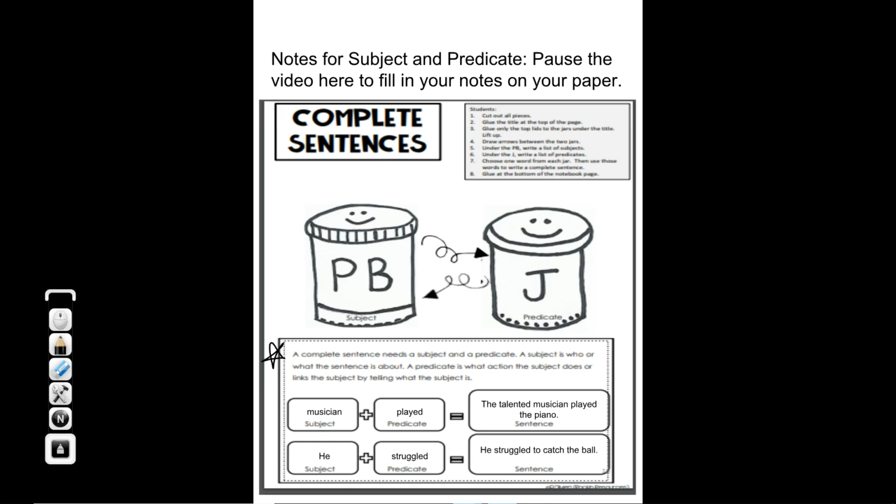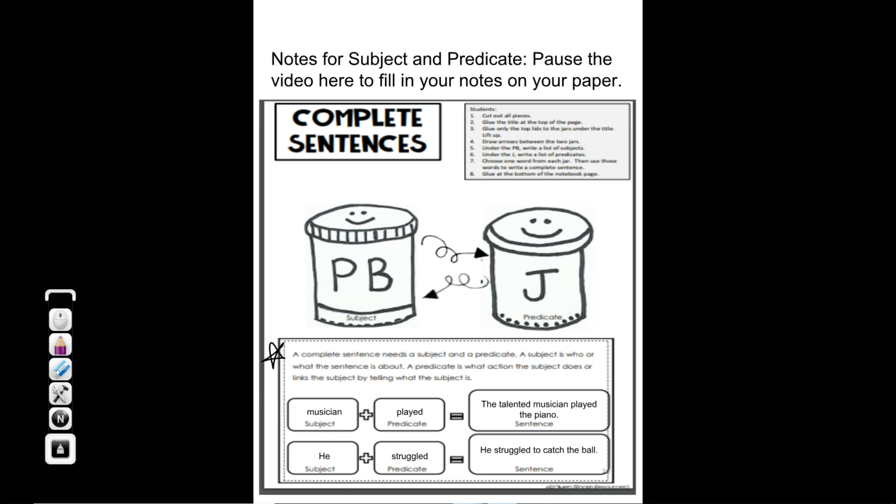A complete sentence needs a subject and a predicate. A subject is who or what the sentence is about. A predicate is what action the subject does or links the subject by telling what the subject is. Okay, so down here on the bottom, we have a couple things you're going to fill in.